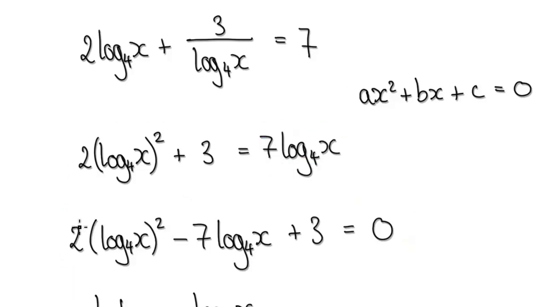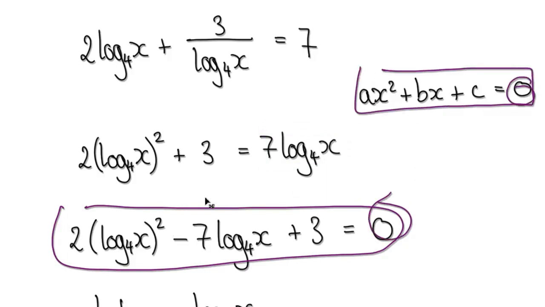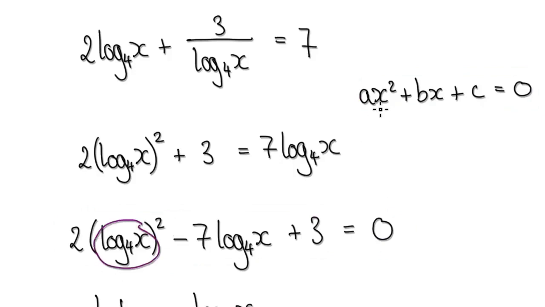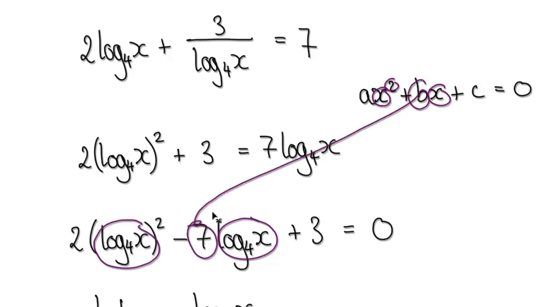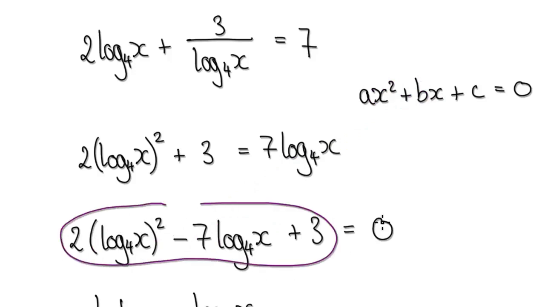Notice that this is of this form. You've got your 0 here, and then you've got this thing squared, and then you've got this thing, and then this is your b here. You're trying to make this whole thing here to be 0.